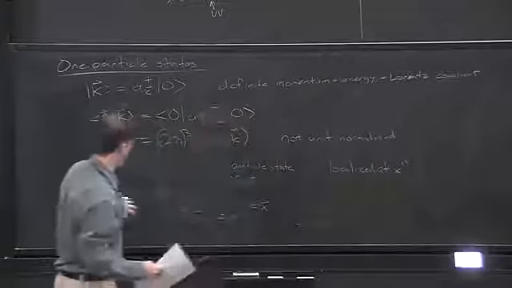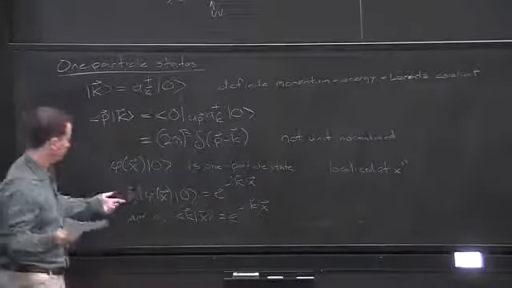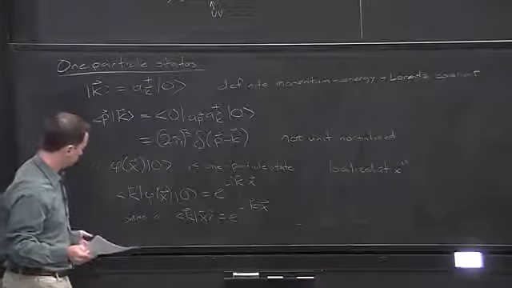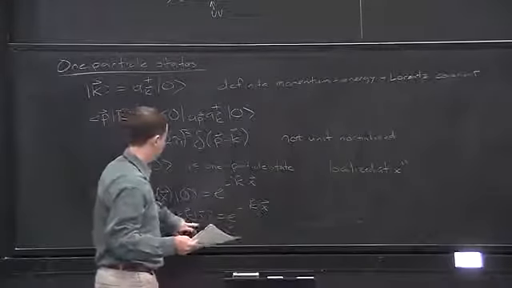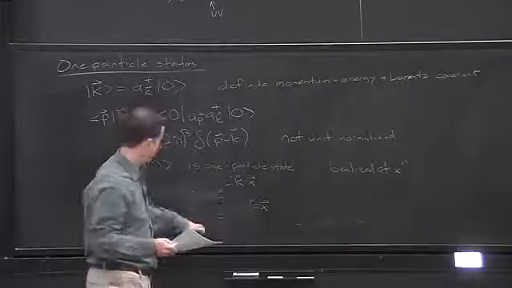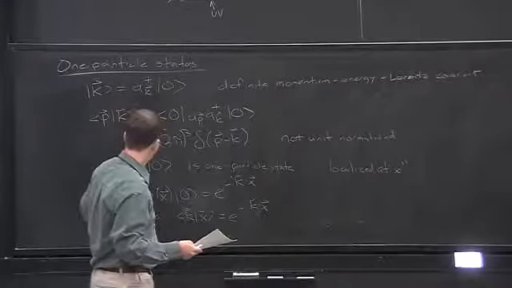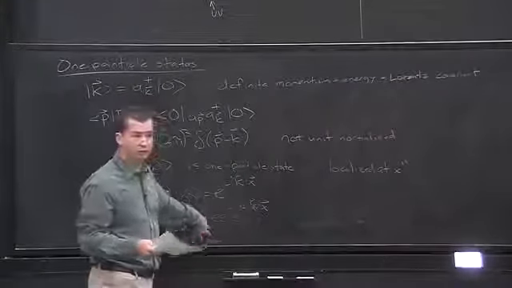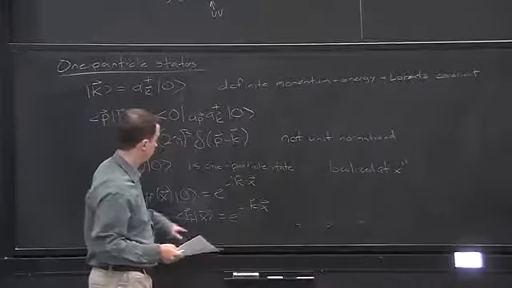So in that sense, it's like a Fourier transform; it has the same overlap with the momentum eigenstates as a position eigenstate would in non-relativistic quantum mechanics.